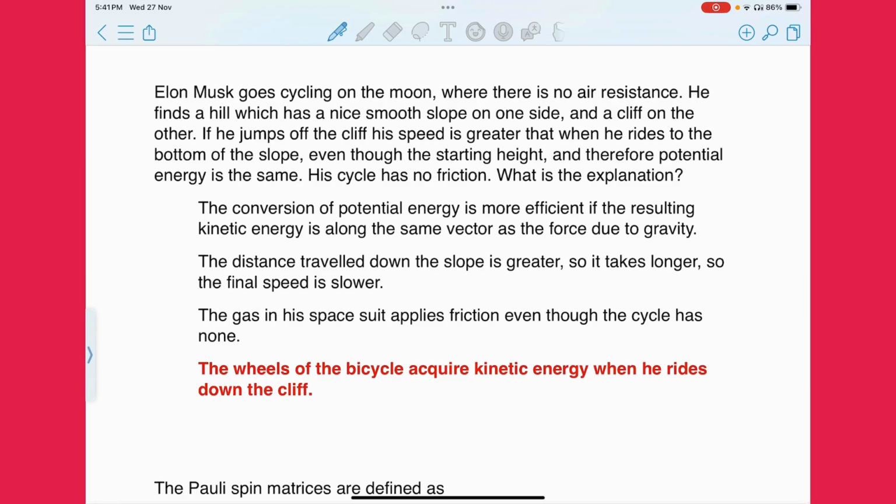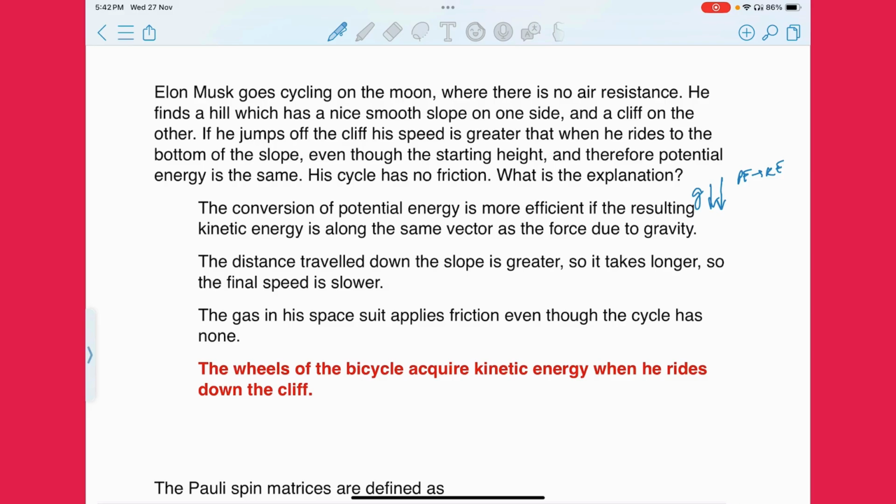The conversion of potential energy is more efficient if the resulting kinetic energy is along the same vector as the force due to gravity. When he jumps off the cliff, all of the potential energy converts directly to kinetic energy along the same vector as the gravitational force.